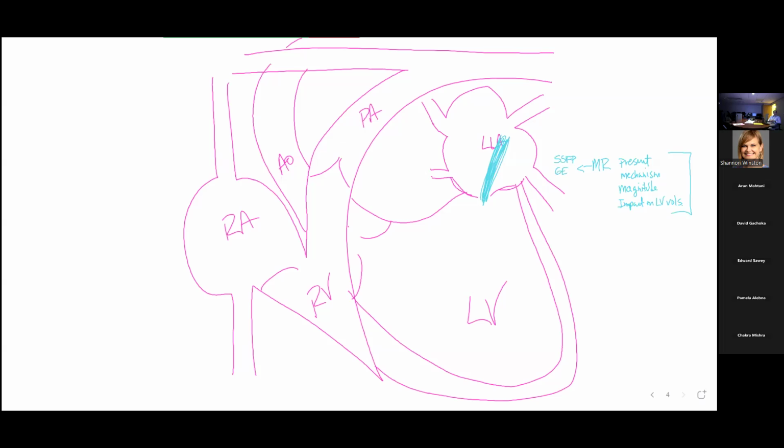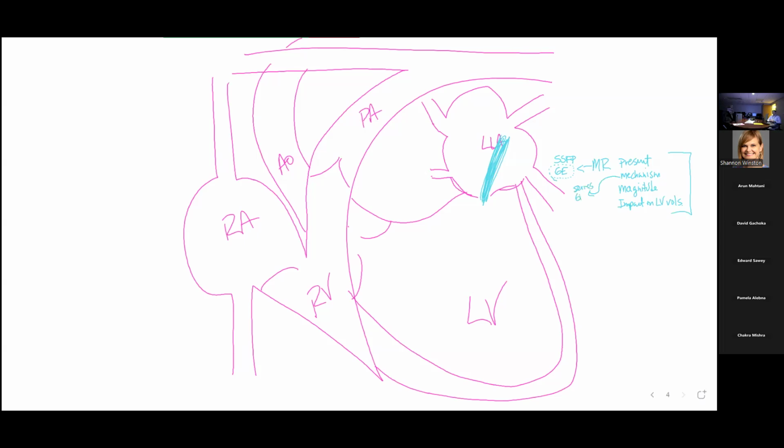And what you need to know is that if you're looking for these jets, you want to focus on gradient echo imaging, okay? We'll talk about that another time. We don't have a lot of time here, but that's the one that allows us to appreciate the jets and determine whether they're present.